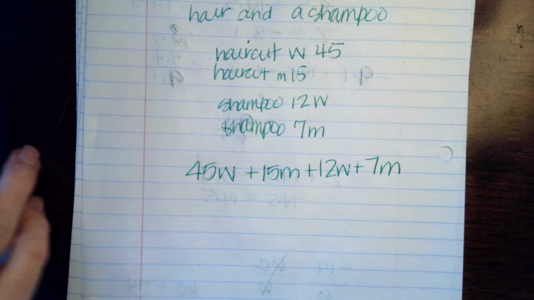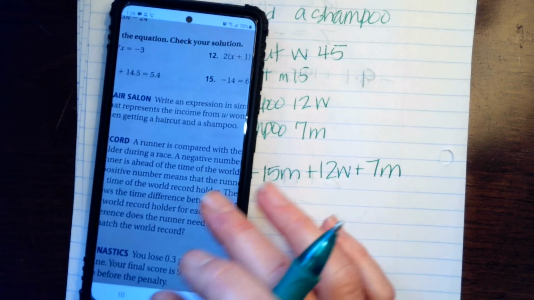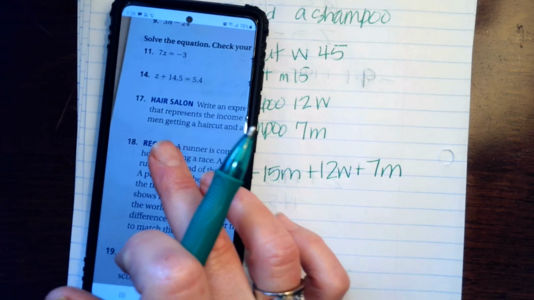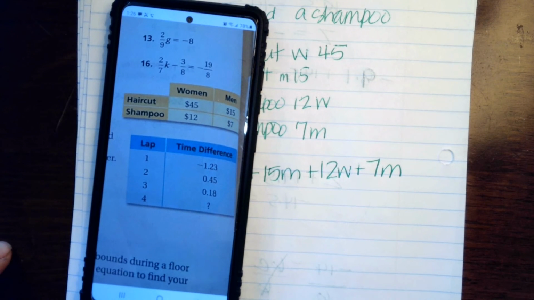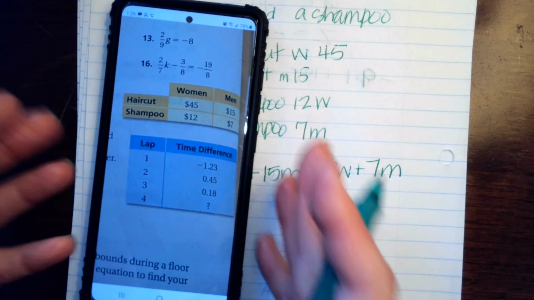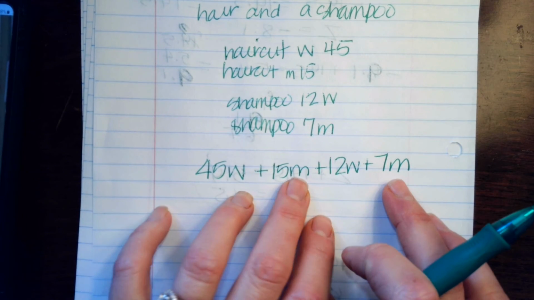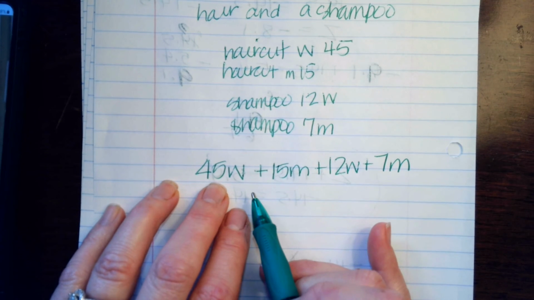So I'm not sure about what this question is asking, actually, because I don't know if they're saying that at this salon they get a haircut and a shampoo together, like most places. And then we would combine the W's and we would combine the M's. So I'm going to assume that when someone goes to the salon, they get a haircut and a shampoo.